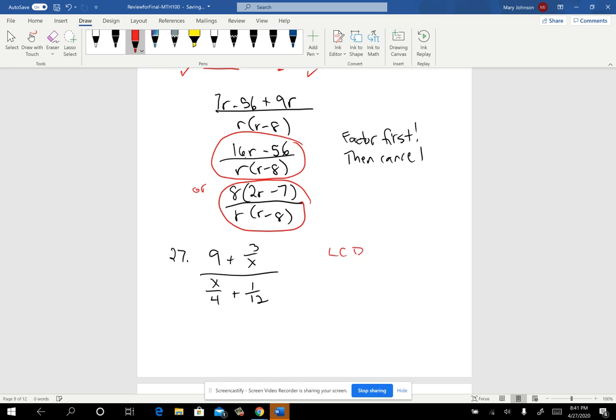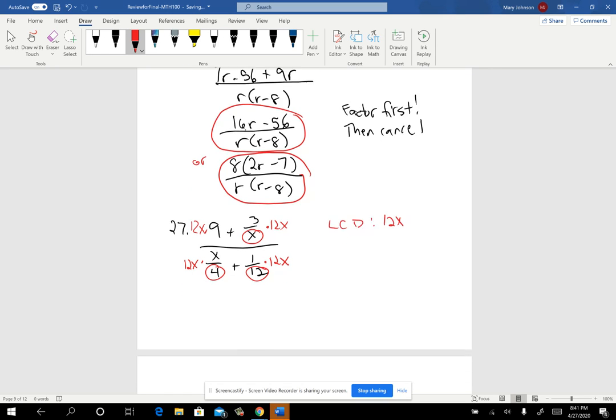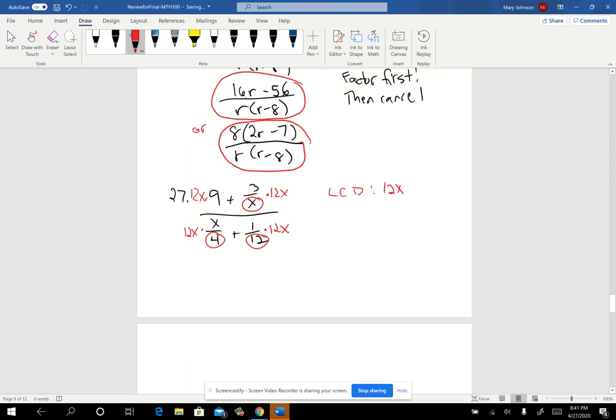And so the LCD would be 12 together with the x. So what we're going to do is we're going to multiply by 12x everywhere. Okay. This is an approach that works really well on these when you have a lot of little pieces, a lot of little fractions. Okay.